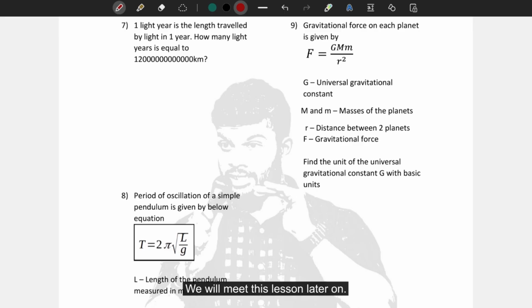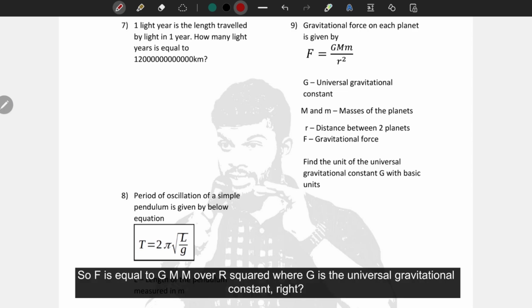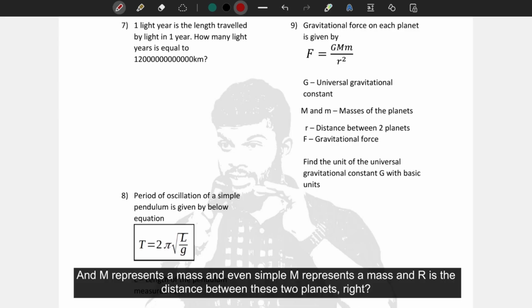We will meet this lesson later on. So this equation will show up later on. F is equal to G m over r squared, where G is the universal gravitational constant, and m represents a mass, and r is the distance between these two planets.